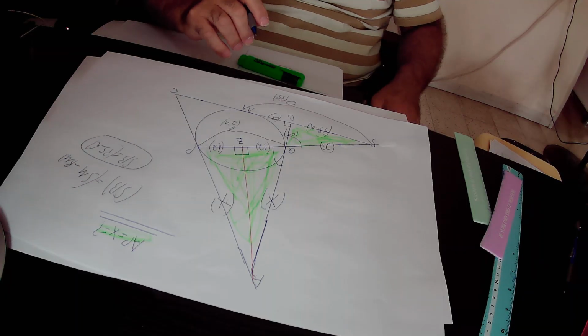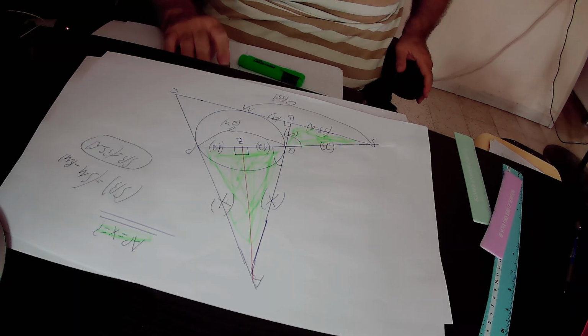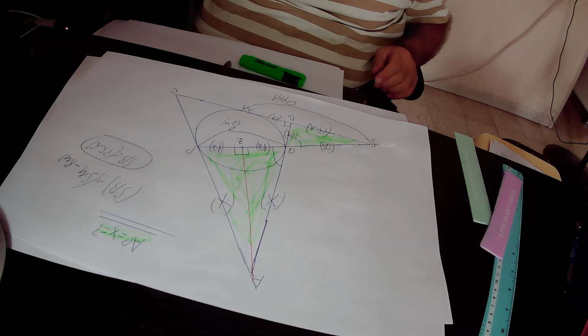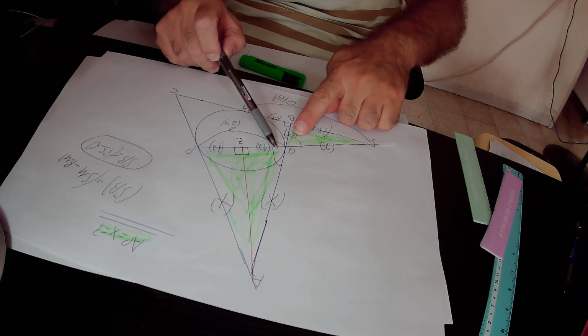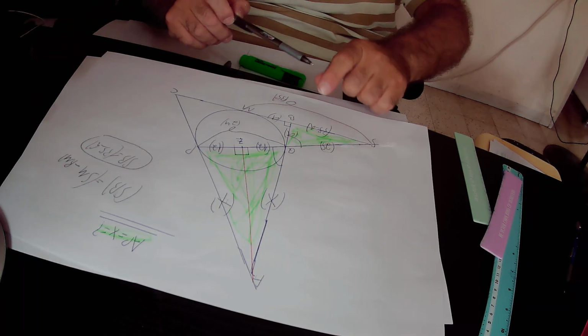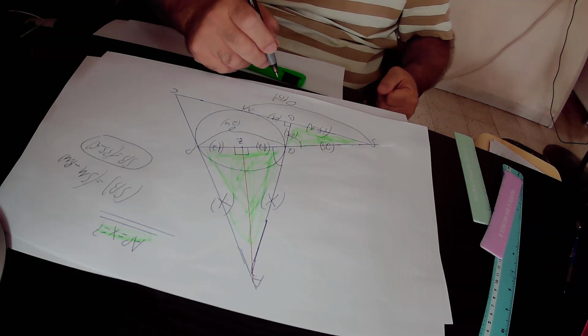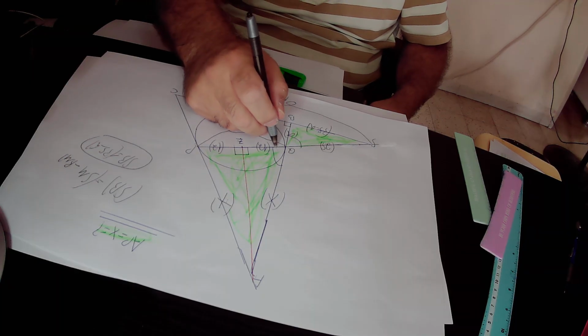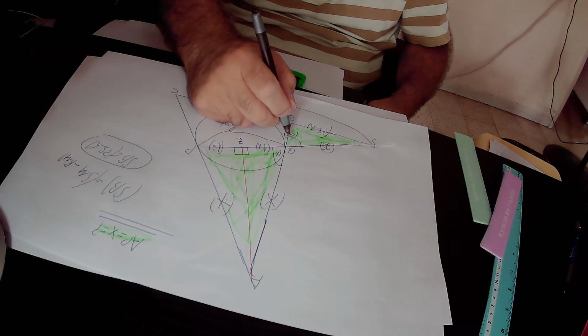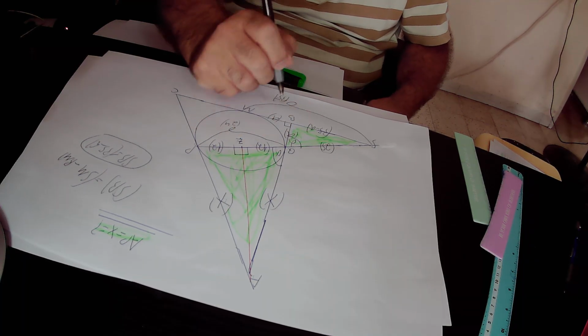You know that vertex angles are equal to each other. So if we define the size of this vertex angle as alpha, then the size of this vertex angle must also equal alpha.